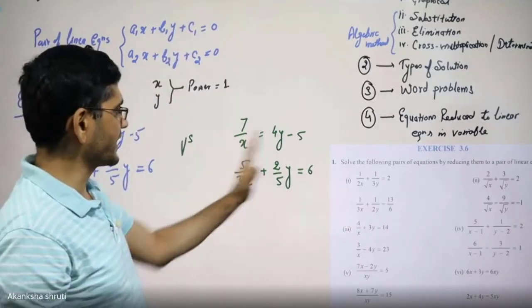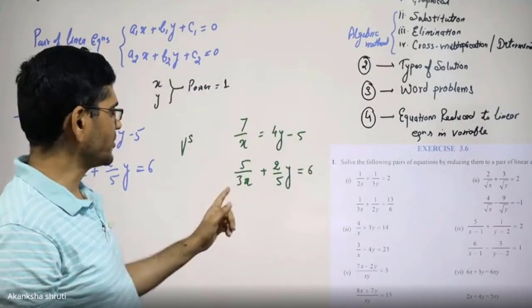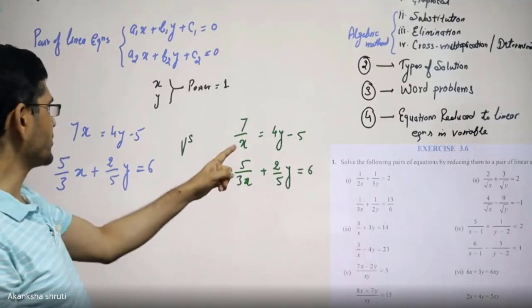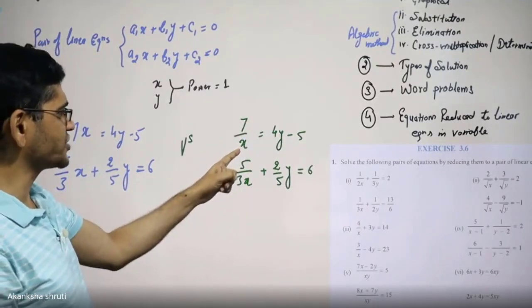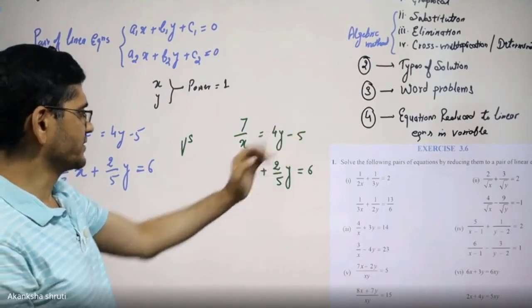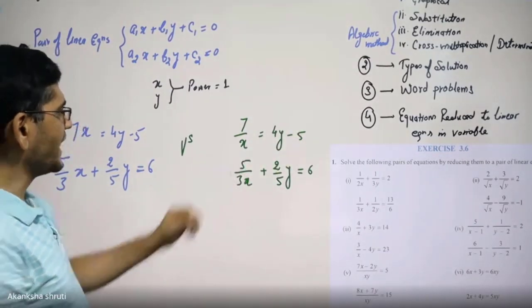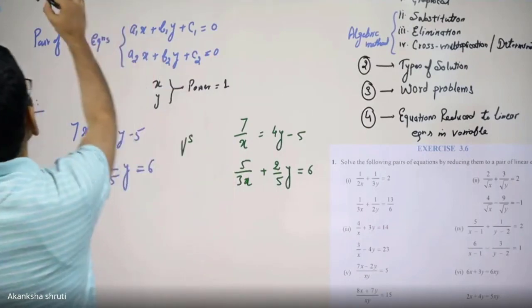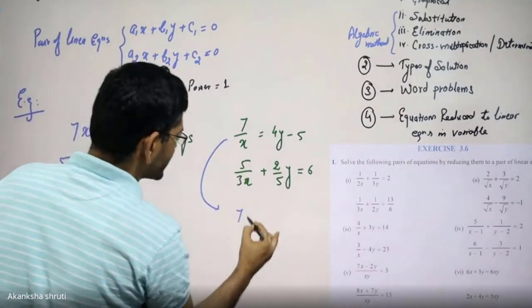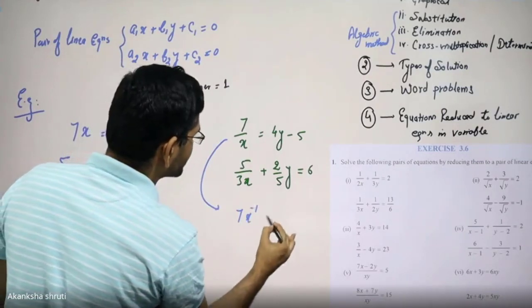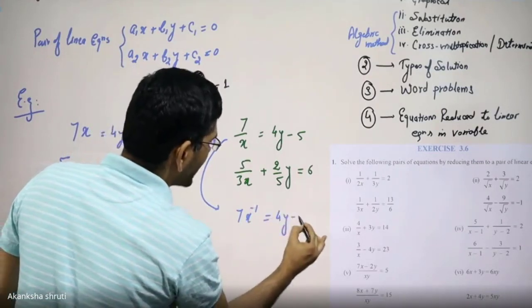But the second part, observe this. Here we are observing that x is not in the numerator, x is in the denominator, though y is left unchanged. Then if we want to rewrite this x in the numerator, it gets converted as 7x to the power minus 1 equals 4y minus 5.